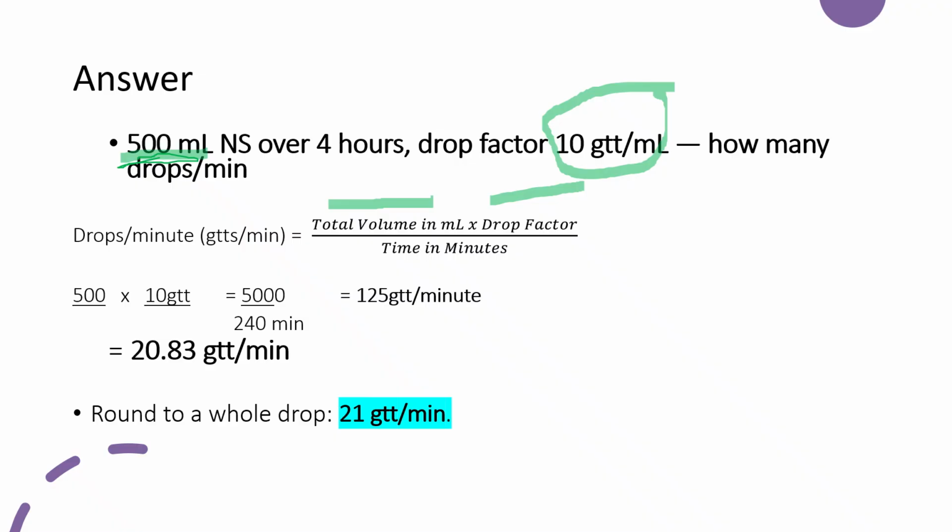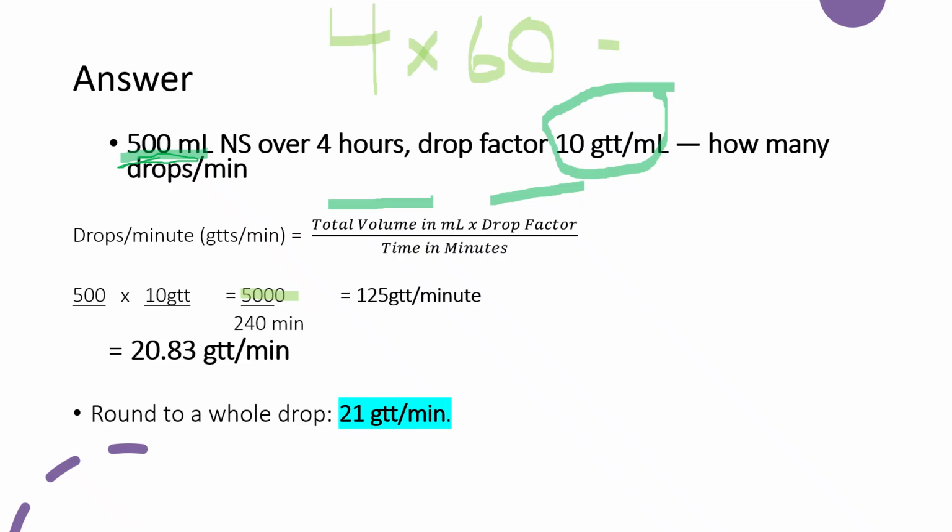So 500 times 10, super easy, is 5,000. And then our total amount of minutes, so we had to take 4 hours times by 60 minutes. And that 4 times 60 equals 240 minutes.